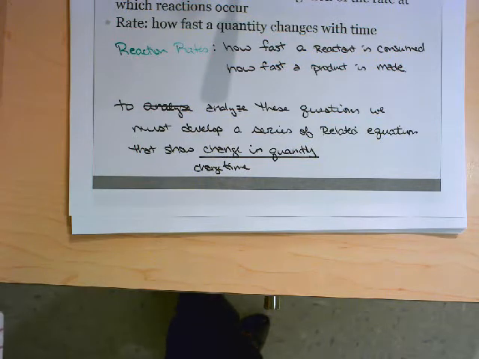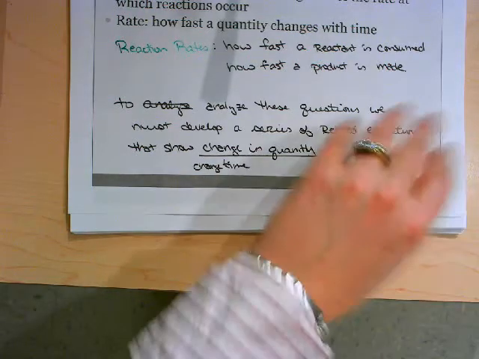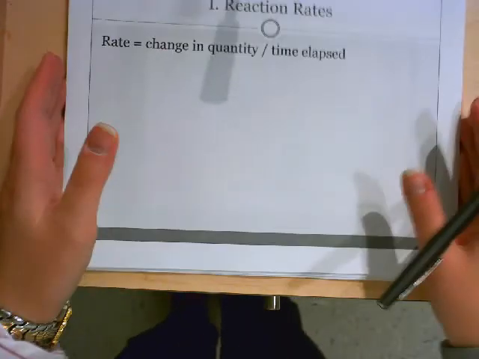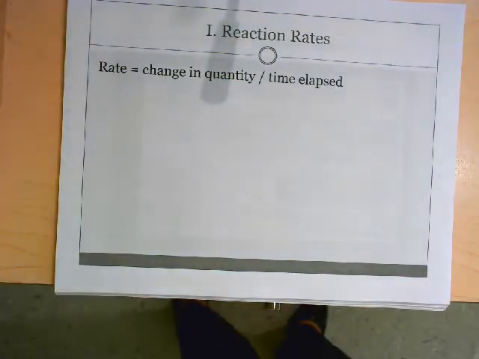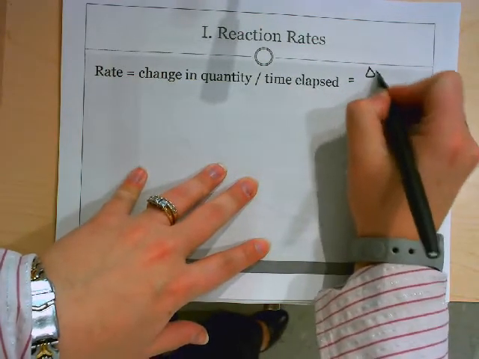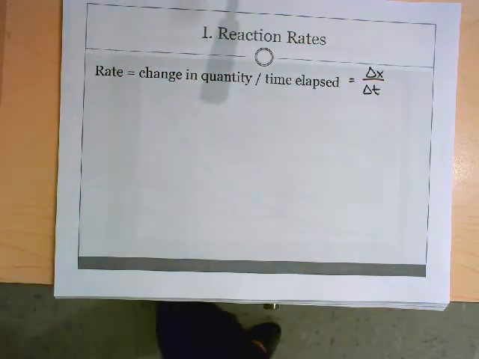So your height versus your lifespan, that would be a change over a change. Change over change, you should be thinking, big triangle, big delta, since we're looking for the change in quantity over time elapsed. So I could say it like this: change in x over some sort of change in time.